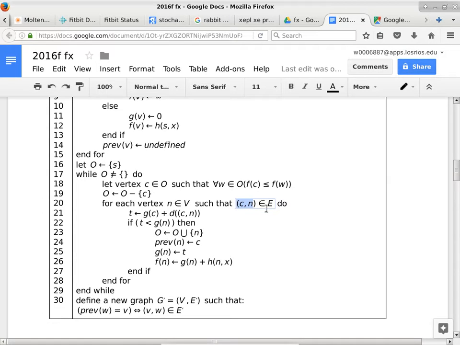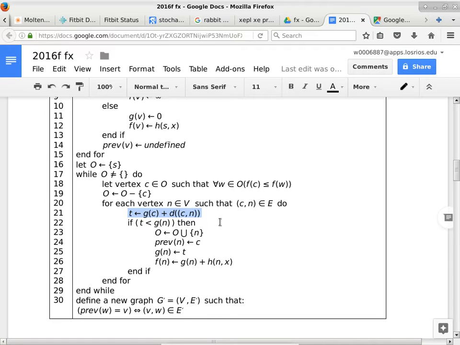It's also possible that C is connected to many other vertices, so you have to go through this for loop many times, and for each neighbor, you evaluate the following. The first thing we do within this loop is to evaluate and store a value into the temporary variable t. t is just a shorthand, so I don't have to repeat it multiple times. What t really is, is g of c plus d of c,n.